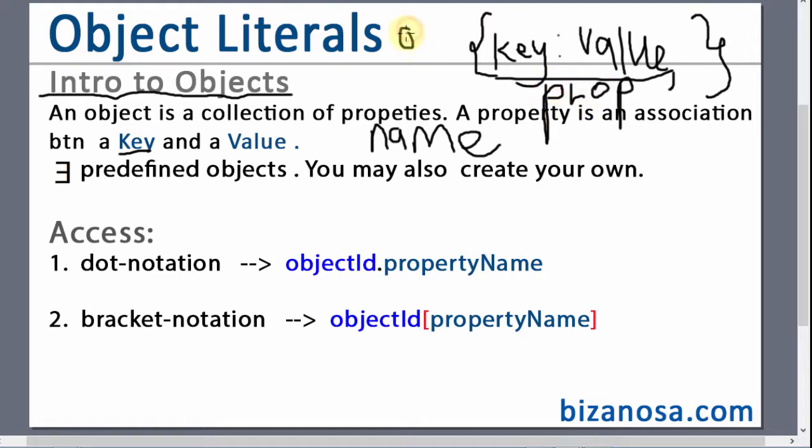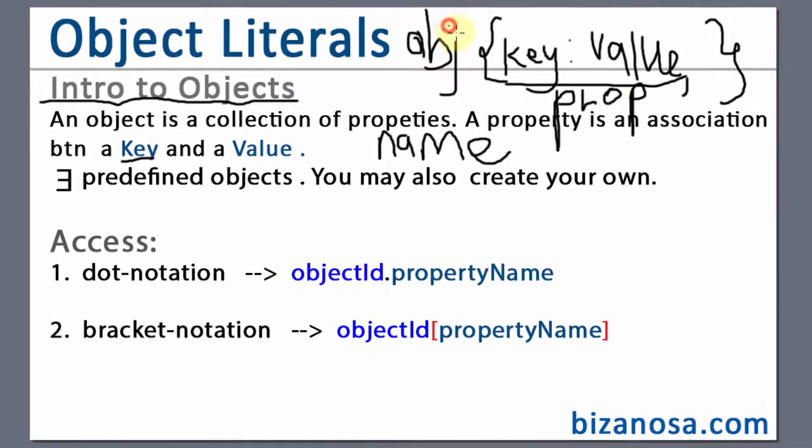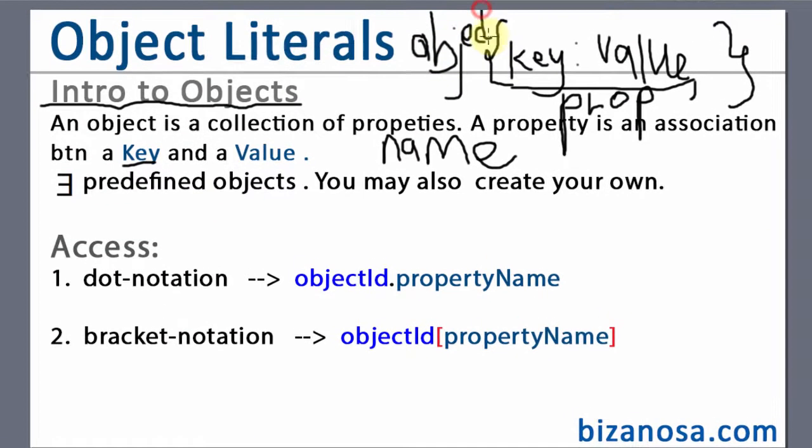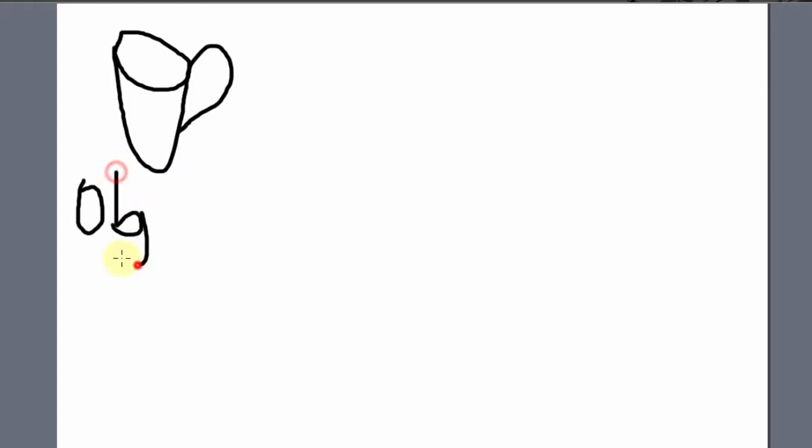Now the object can be anything. Now let's think of an object in real life. An object will have properties. For example, let's say that I have a table. Let's say that I have a cup, right? Now this cup will be our object, and this cup as an object, it has properties.